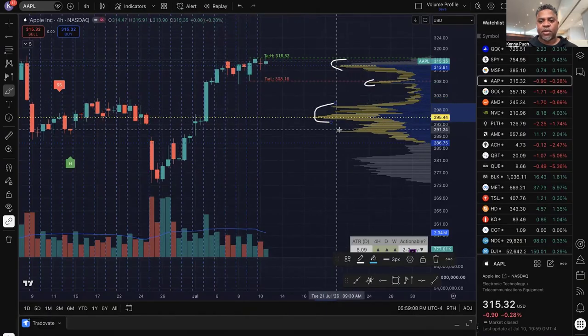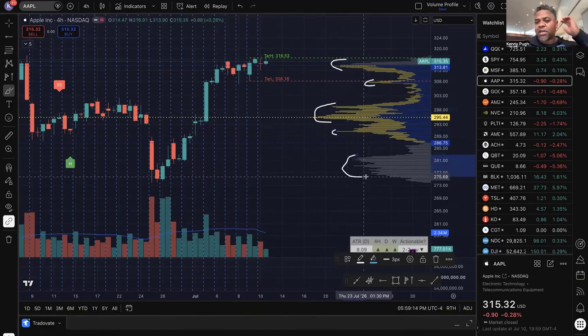You see a little peak right here, and then we see this major node towards the bottom. These are the levels at which people were actively engaged in the market, and I can look at it by price level to determine which prices attracted the most involvement and attention. These become my areas of interest, my zones of interest.